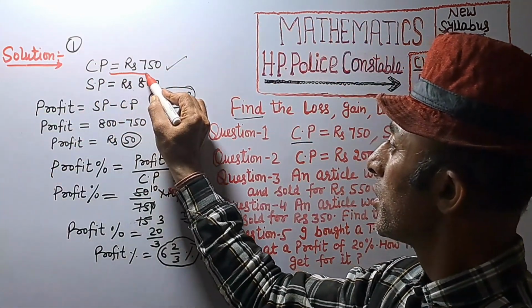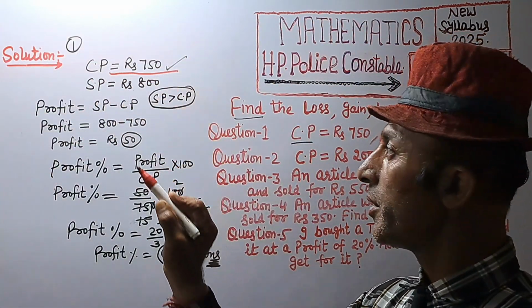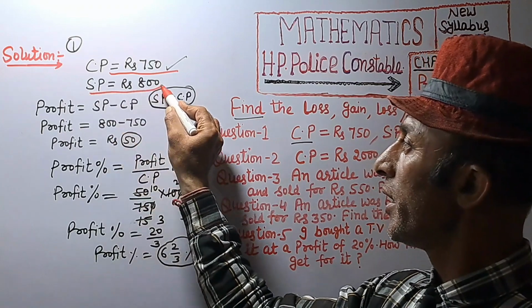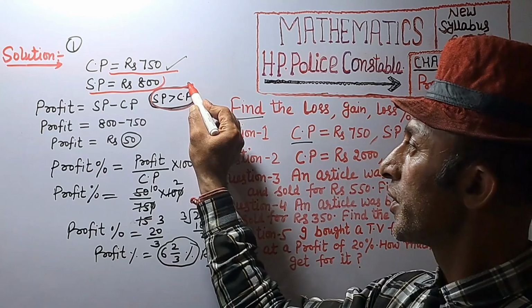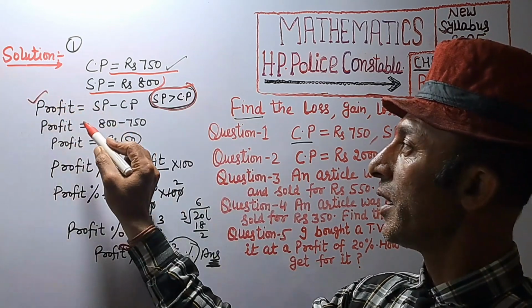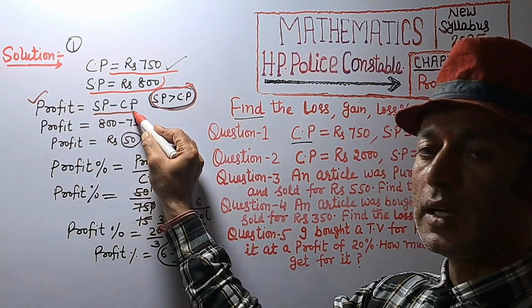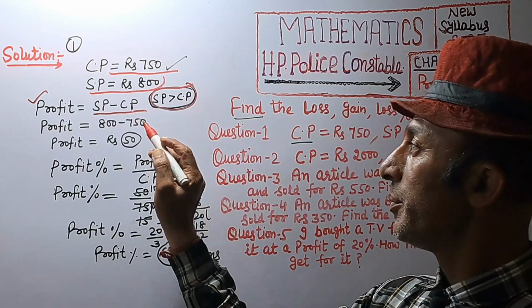Given CP equal to 750 rupees and SP equal to 800 rupees, when selling price is greater than cost price, then we get profit. And profit is equal to SP minus CP.